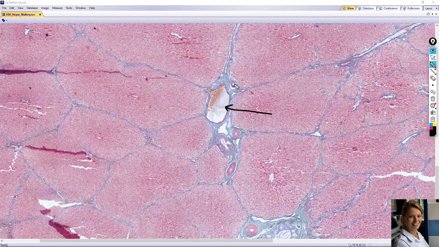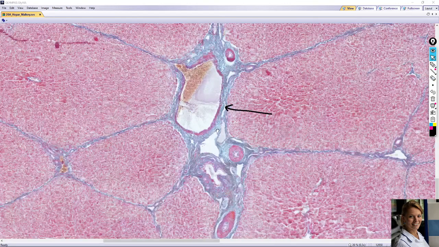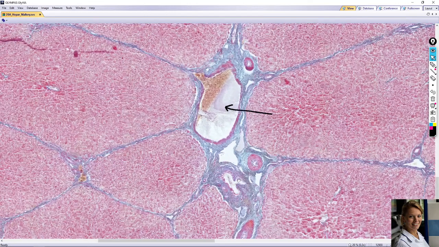The branches of the hepatic artery are visible here, here, and here, and the interlobular bile duct, which is lined with one layer of cuboidal or columnar cells.